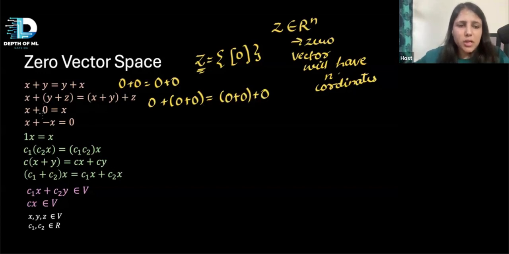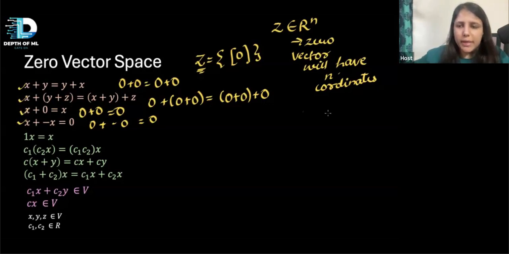So there exists a vector 0 in this set, which when I add to any other vector in this set will give me the vector itself. Yes, I have a zero vector, which I add to the only other vector, which is the zero vector itself, and I get a zero back. Then I should have an additive inverse of this zero, and the additive inverse is minus zero, which is nothing but zero, right? So this is also satisfied. So all these additive properties are satisfied.